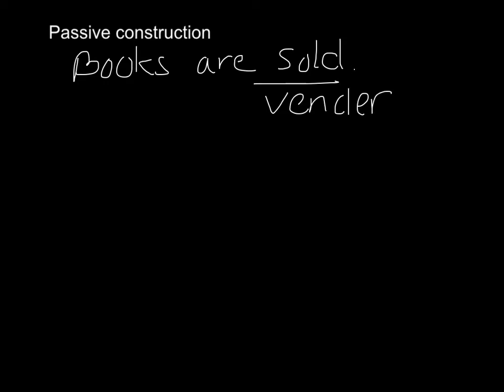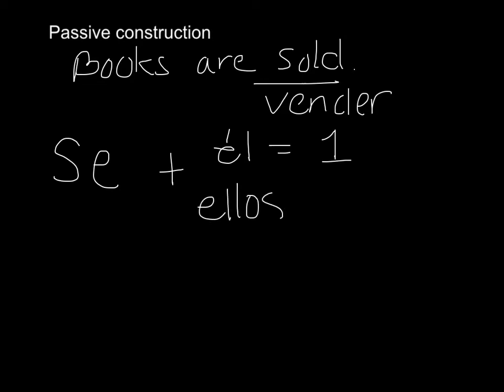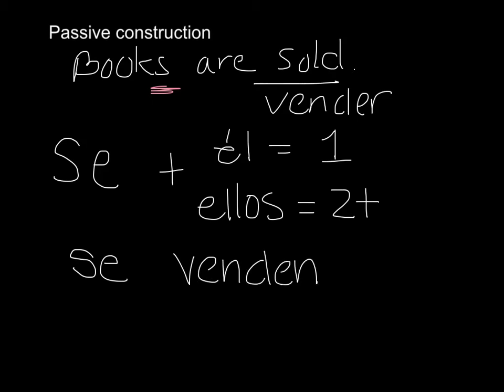And our formula for this one is se plus either the él or the ella form if it's a singular thing that's being sold, or the ellos or ellas form if it's a plural thing that's going to be sold. So here we have books are being sold. We would start off with se, and then we would choose venden libros. Se venden libros. And this would mean books are sold.